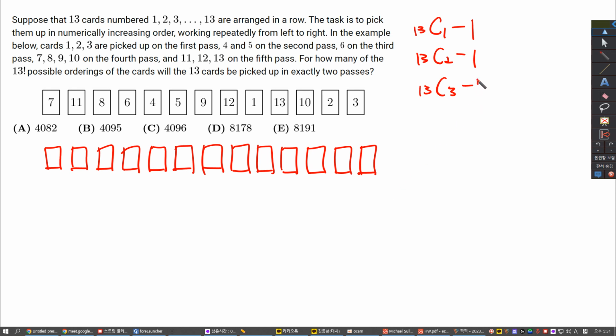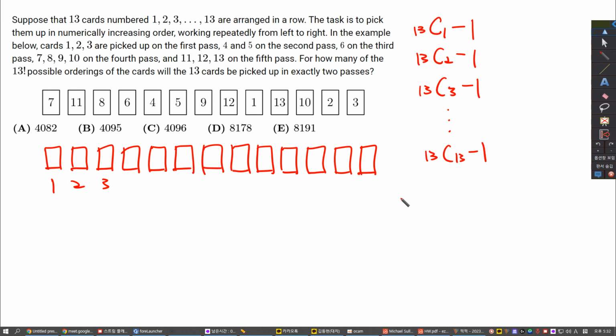But we always need to subtract 1, because if the original has this perfect order, the others will be arranged and just one pass will pick up all cards. So this continues up to 13, like this. We want to add all these cases.